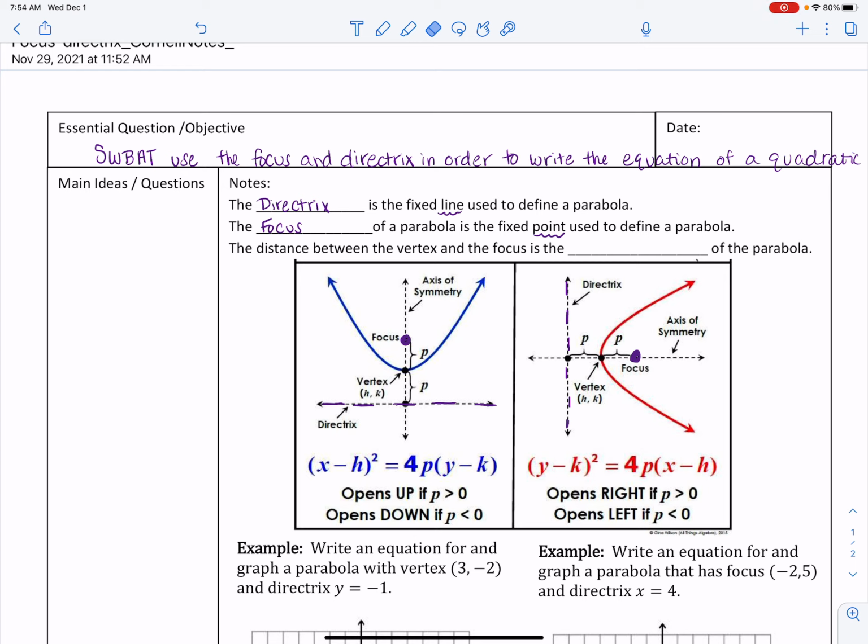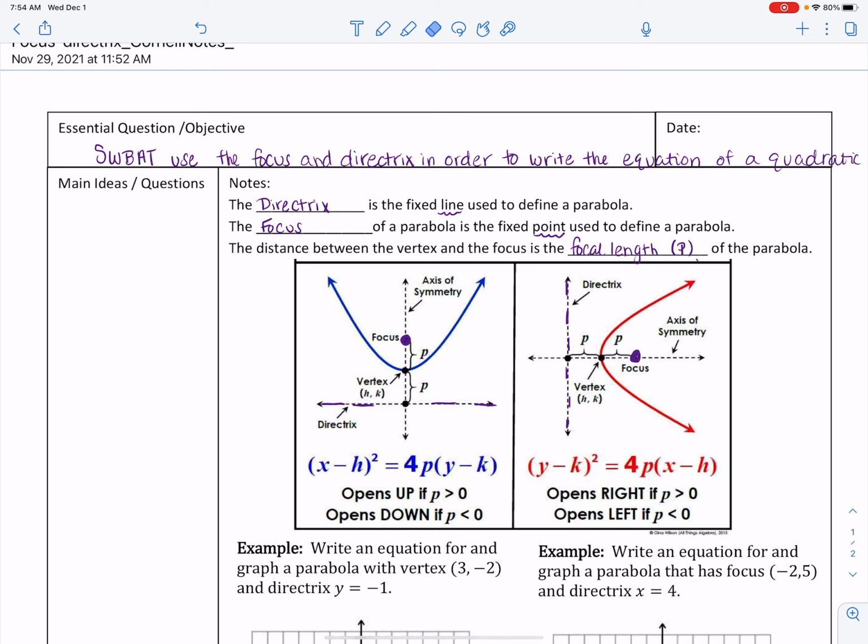Now, the distance between the vertex and the focus is called the focal length. And we use the letter P to describe this. So the distance from the directrix to the vertex is the same as the distance from the vertex to the focus.